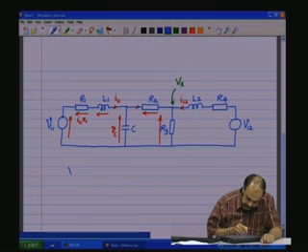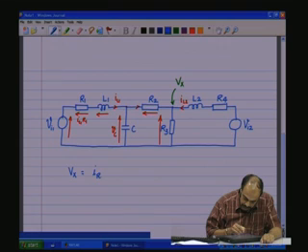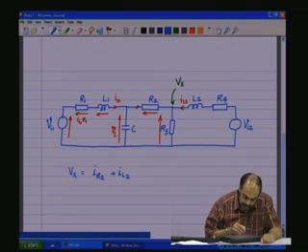So, Vx equals the current through R2, plus IL2, which is the state variable here, into R3.